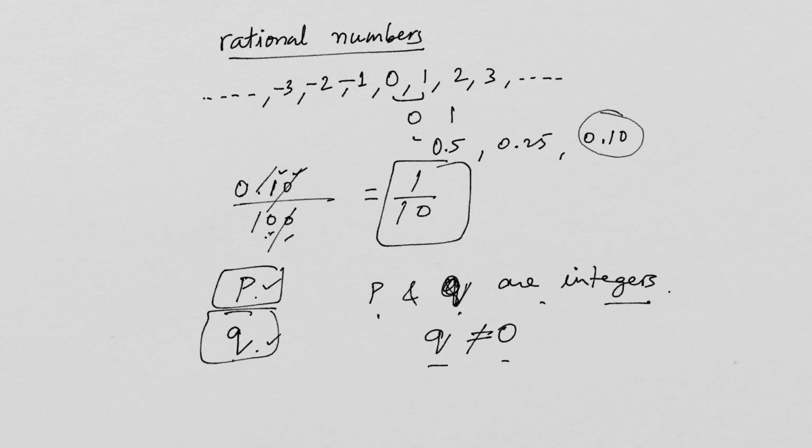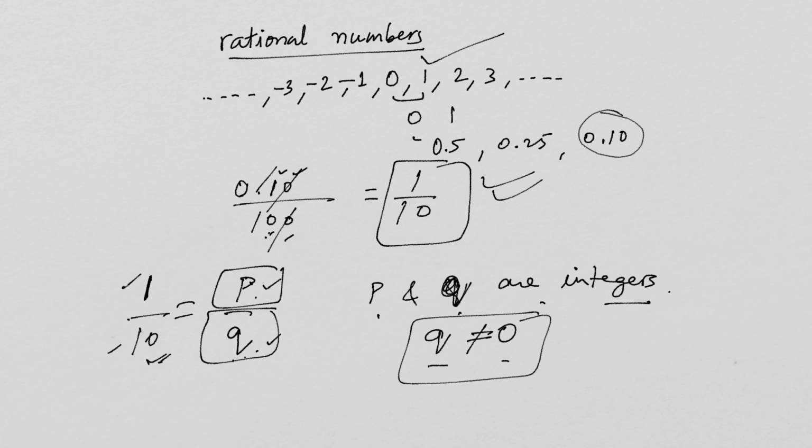For example, 1 by 10: 1 is an integer and 10 is also an integer. So if we replace P and Q by integers, and Q is not equal to 0, whatever number we get is called a rational number.